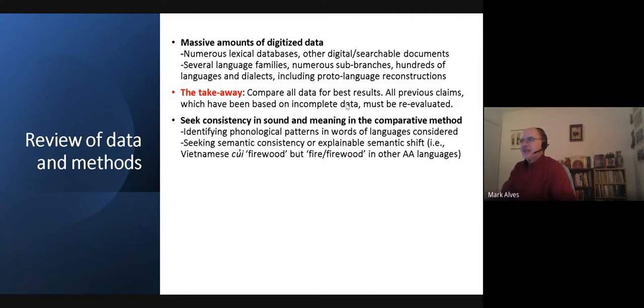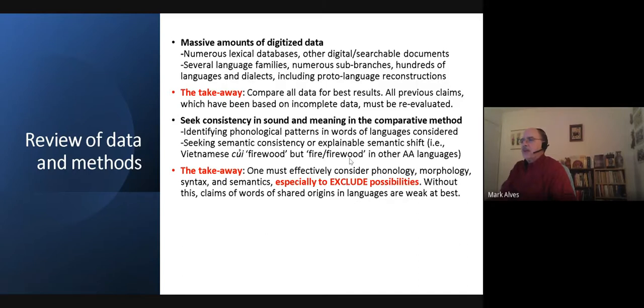Seek consistency in sound and meaning in the comparative method, identifying phonological patterns, and seeking semantic consistency or explainable semantic shift. And when I say semantic shift, I mean that meaning changes a little bit. So Vietnamese gui for firewood, but in other Austroasiatic languages, it could be fire or firewood. That's reasonable semantic shift. That's acceptable.